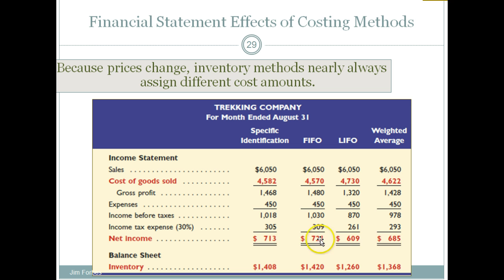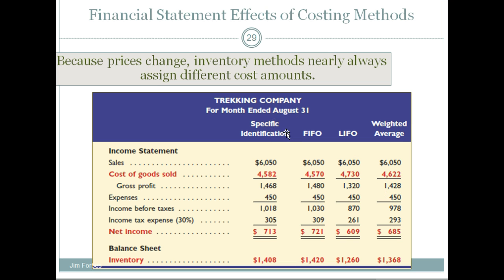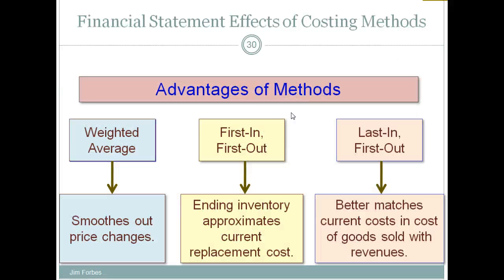And then it will change your net income, and it changes your ending inventory. So it's going to affect both your income statement as well as your balance sheet, depending on which method you use. And you've got to be able to calculate all four methods for the test, as well as in practice, because this is used extensively, all the time, as a matter of fact, by businesses.